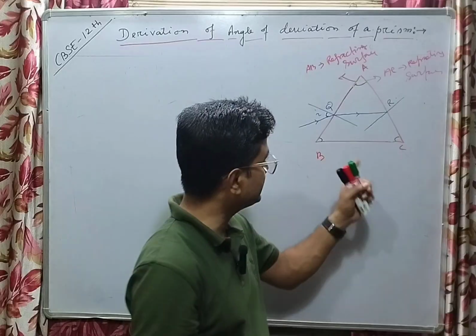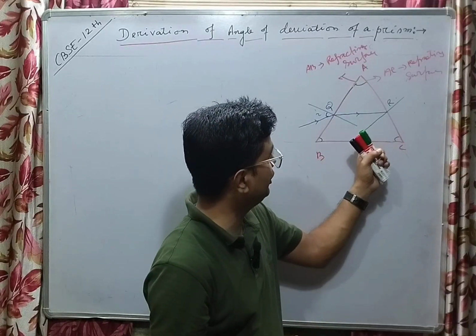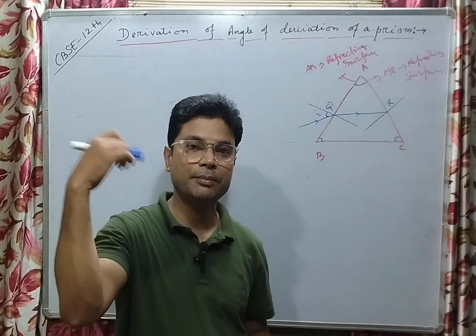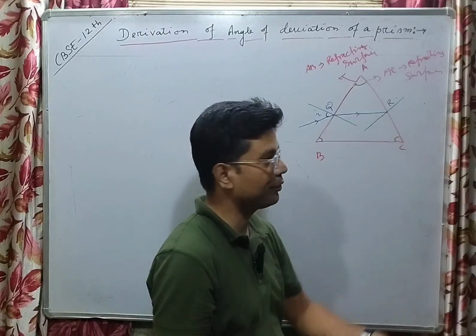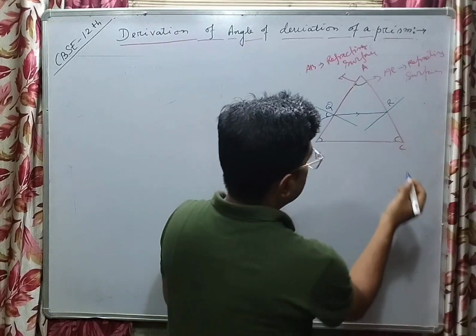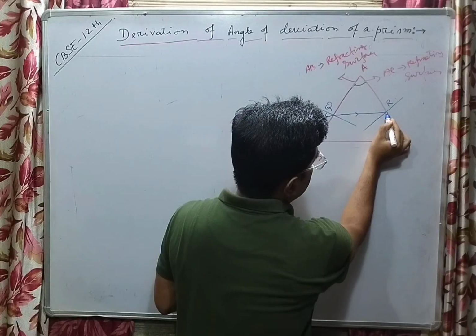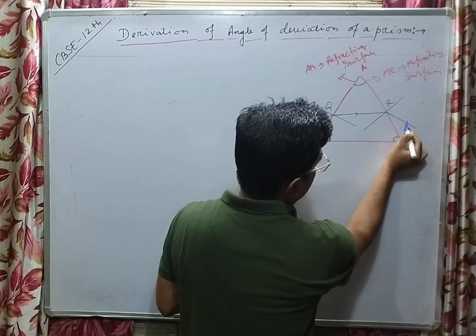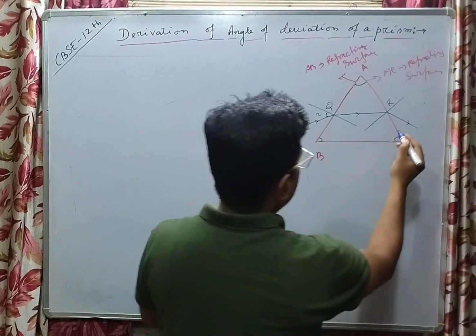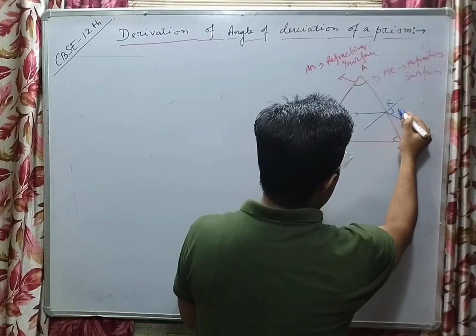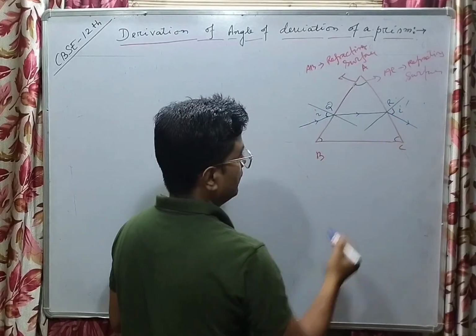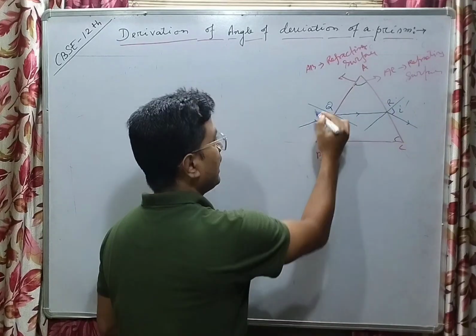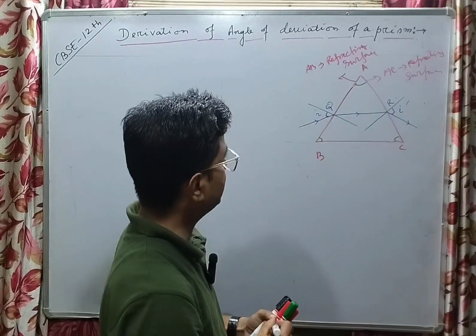Now the case is when a beam of light is refracted from a denser medium into the rarer medium, the beam of light goes away from the normal. So this refracted ray goes away from the normal like this, making an angle i dash with the normal. This is the emergent angle. i dash is the emergent angle, i is the incident angle.